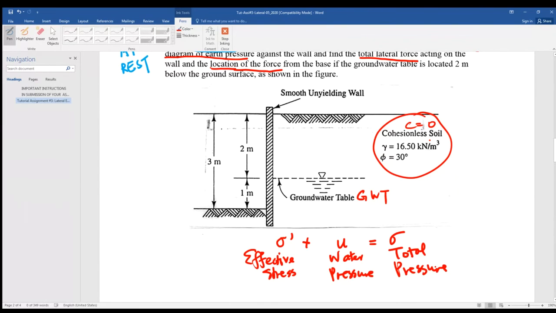Okay, what's the effective pressure? And then you have the pore water pressure, plus.